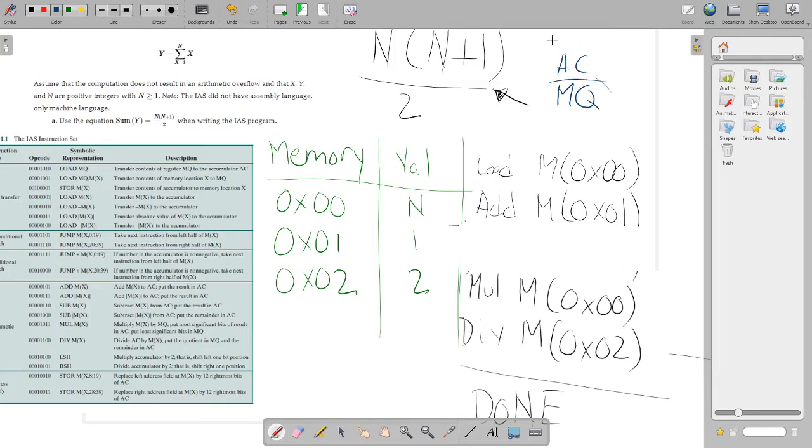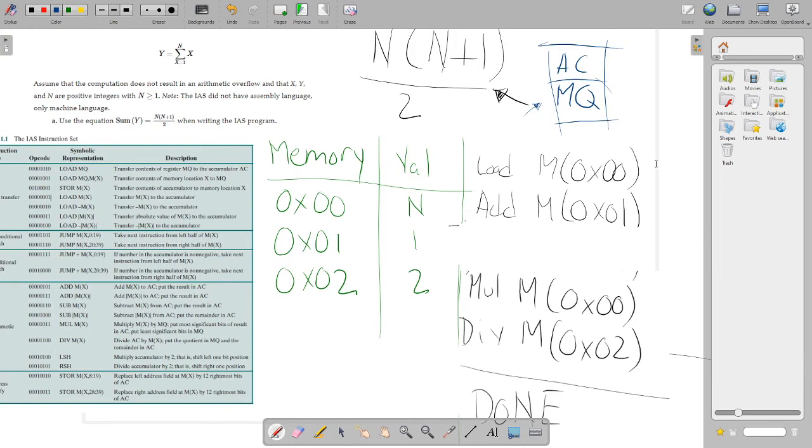These are just two registers in the CPU that sit there and they hold values, and then the ALU operates on whatever's inside of these. The only difference is that this specific register, and this is exclusive to the IAS architecture that the book describes, needs things to be in MQ before it multiplies them.